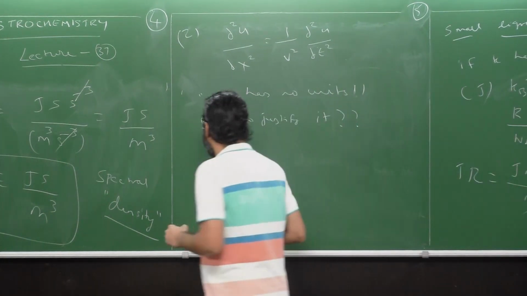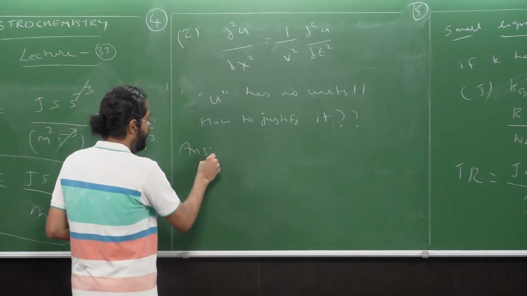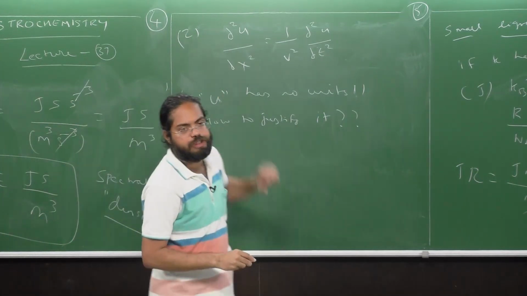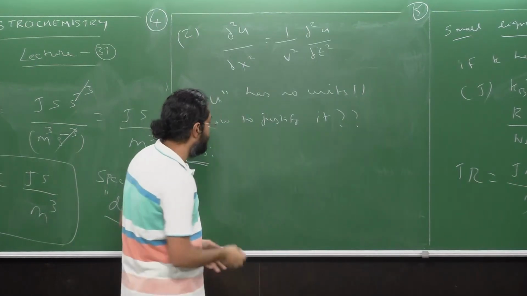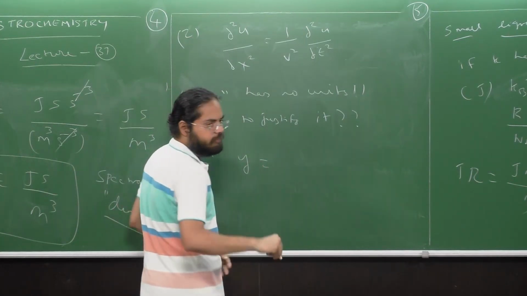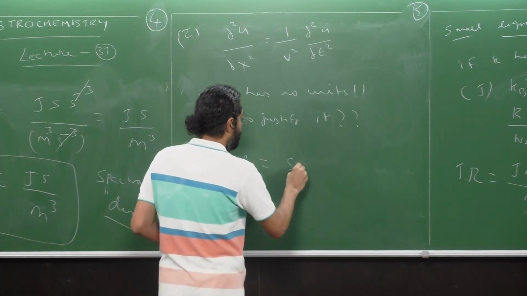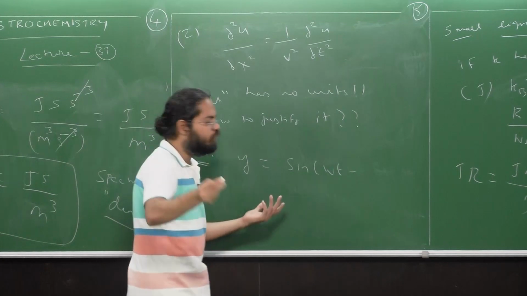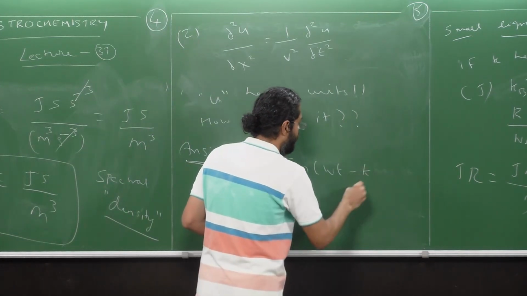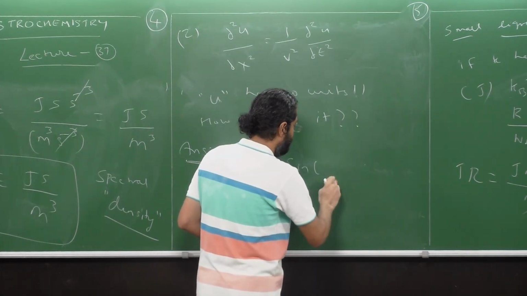Yeah, a good start would be that. What is this? This is after all a wave equation, right? Now, what is one way to write an equation? The wave equation can be written as y equals sine of kx minus omega t. This is how you write it, right?